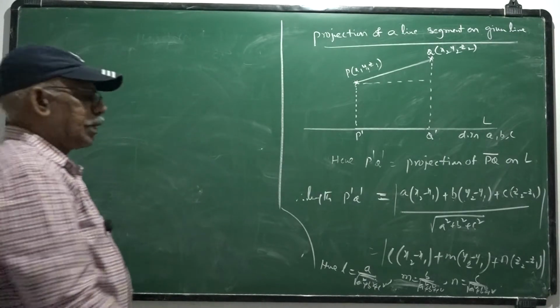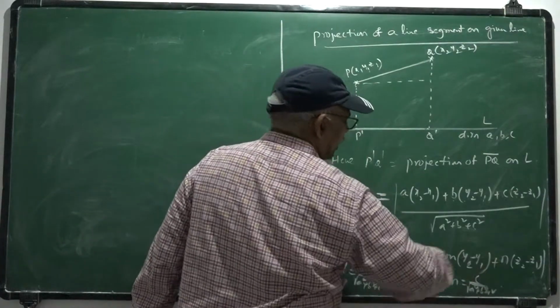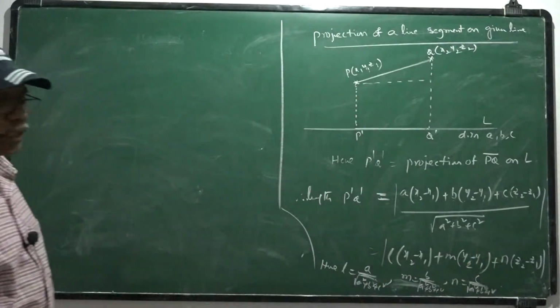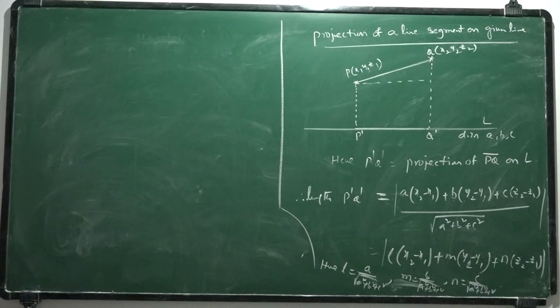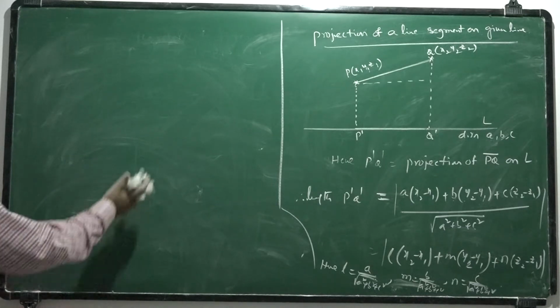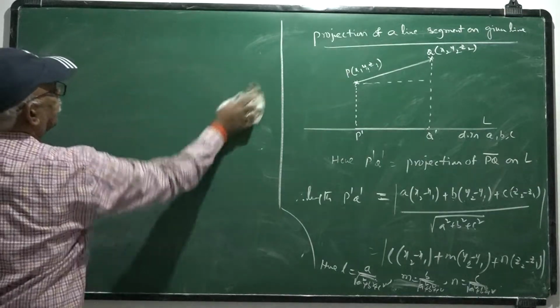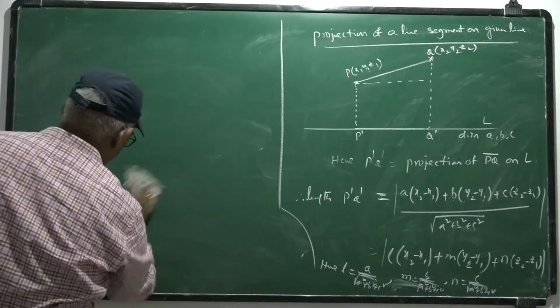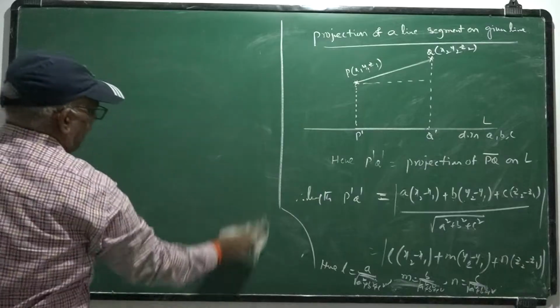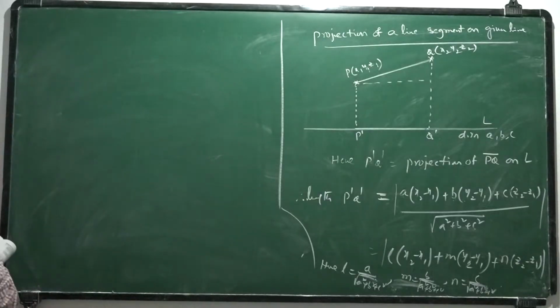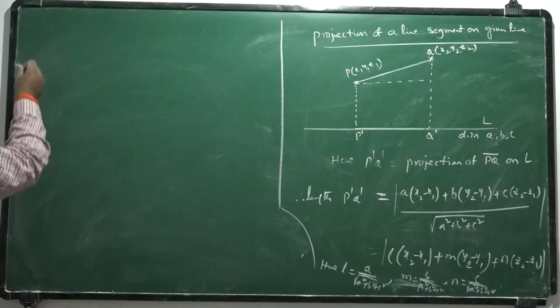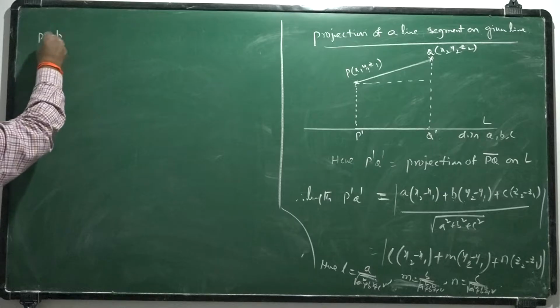Once direction cosines are straight away given, you can take the length of the projection as L into x2 minus x1 plus m into y2 minus y1 plus n into z2 minus z1. Based on this, let us consider this problem.